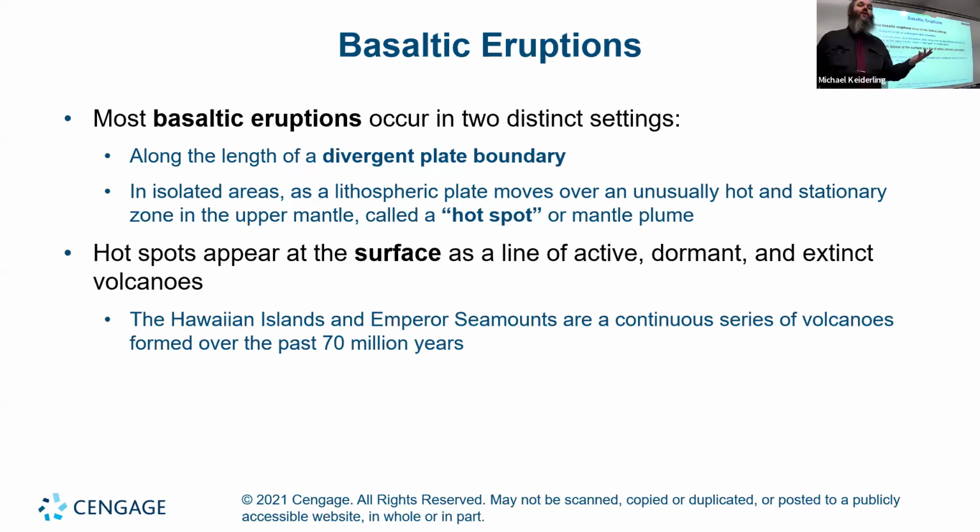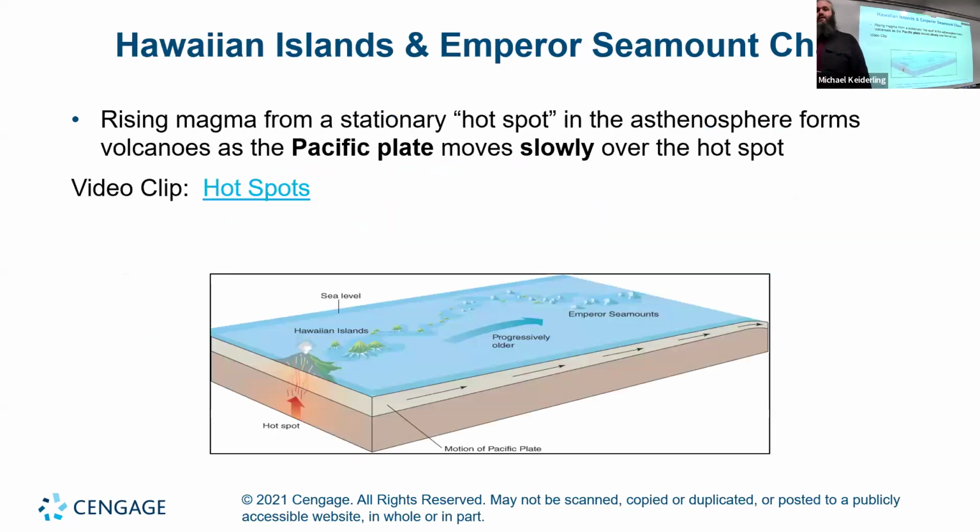So there's the Hawaiian Islands, and the Emperor Seamounts are this continuous series of volcanoes that formed over the past 70 million years as the Pacific plate moved over this hotspot. So rising magma from a stationary hotspot forms volcanoes as the Pacific plate moves slowly over the hotspot.